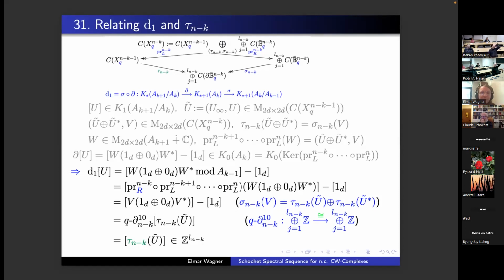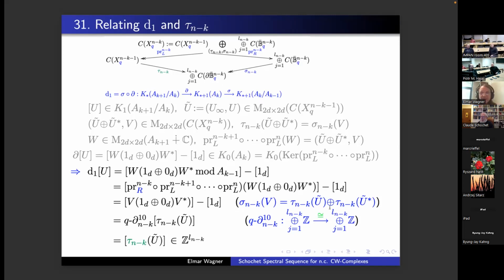So U comes from the open balls, but I can compactify it by 1. I can take the 1 of the n-k-1, so it automatically defines an element U tilde on the n-k-1 skeleton, and then I project down, so it gives me a K-theory class, which I can easily compare in the classical and quantum case.